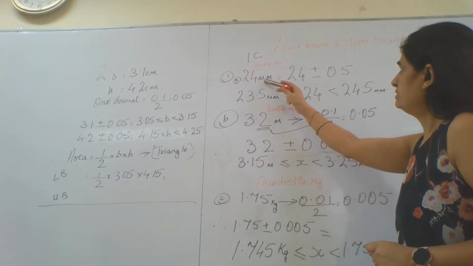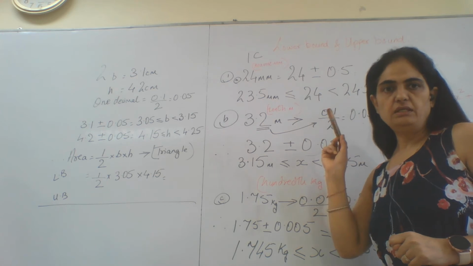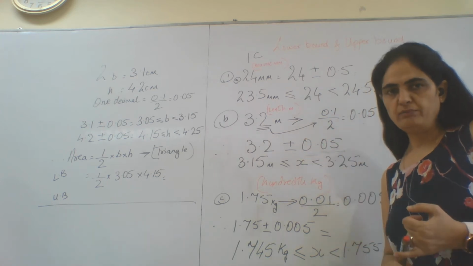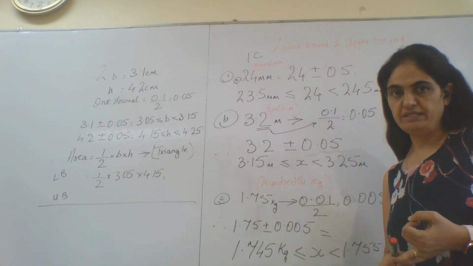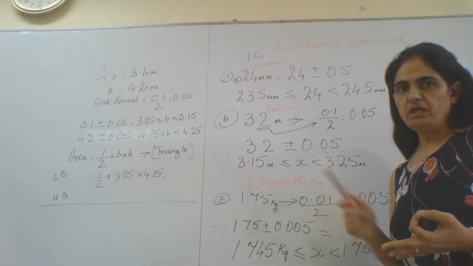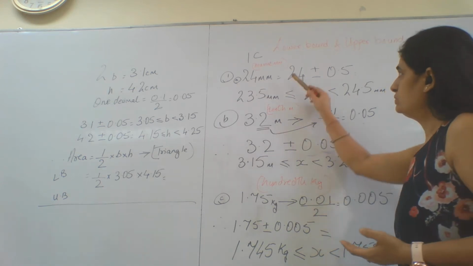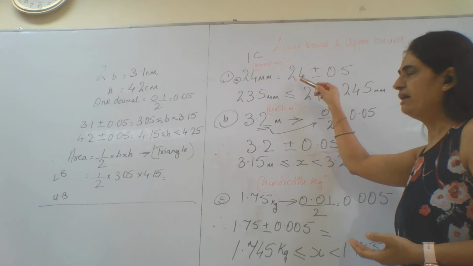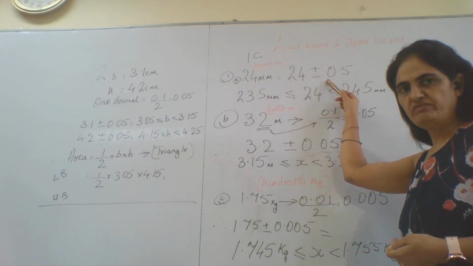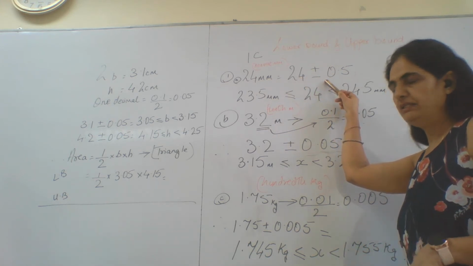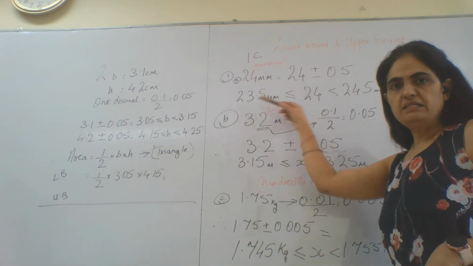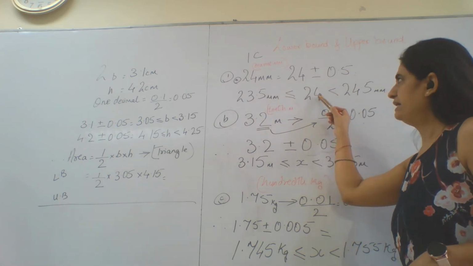For this sum, it's very clear that you add 0.5 and subtract 0.5 to give you the upper bound and the lower bound. So 24 plus 0.5 and 24 minus 0.5 will give me the upper bound and the lower bound, and this is the way you will write it.